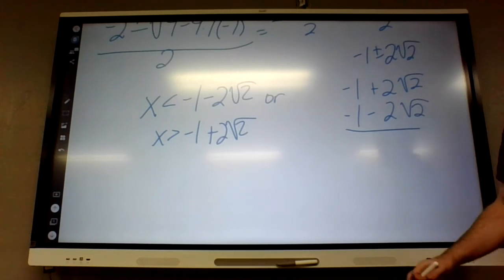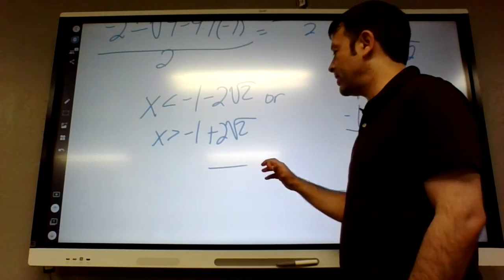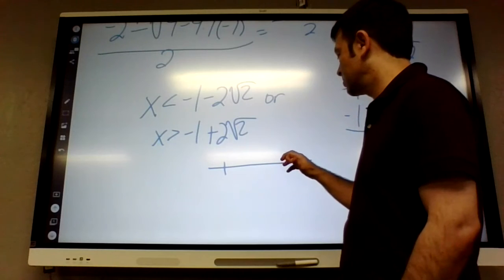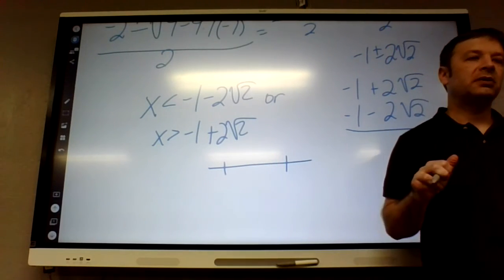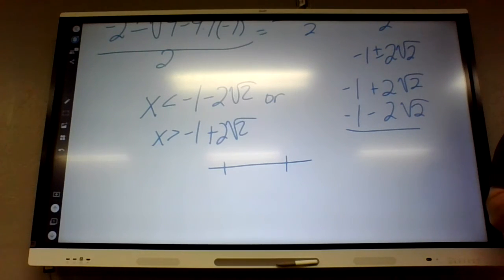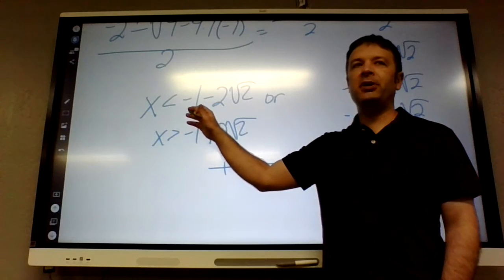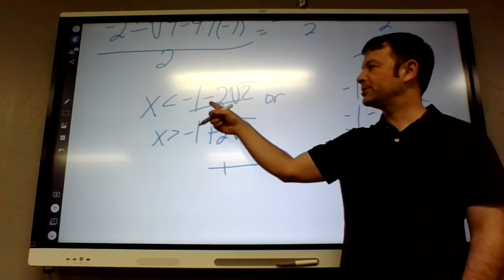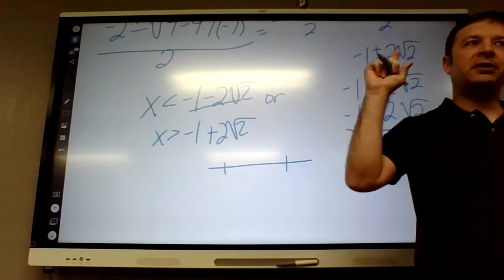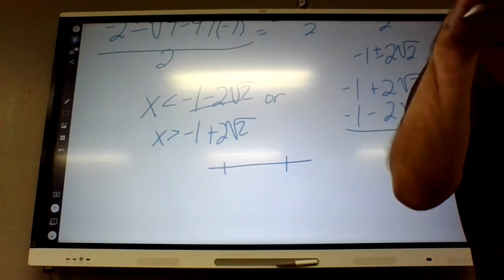Okay, how could we make a good graph with these two? One way we could graph this is plug it in the calculator, turn it into a decimal, and figure out about where it is.